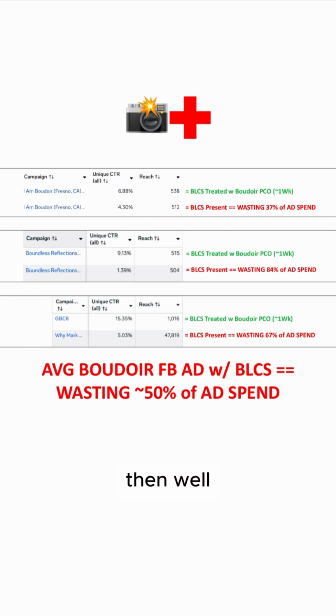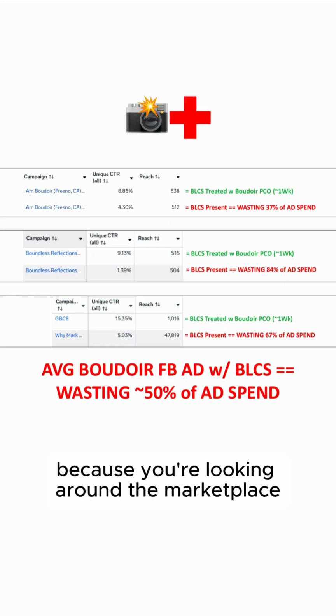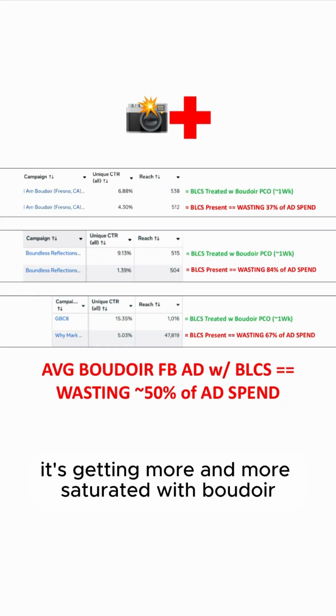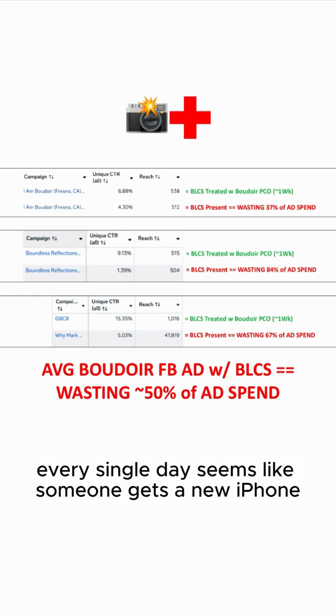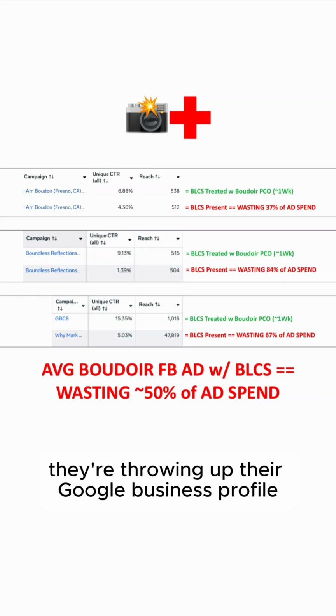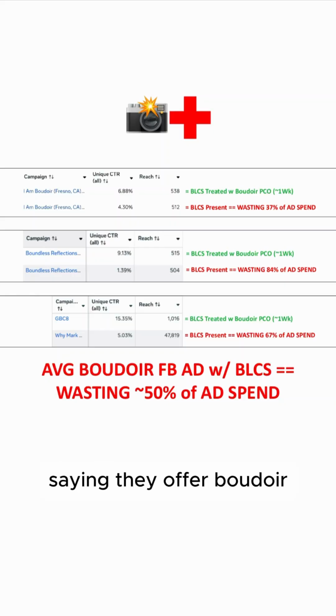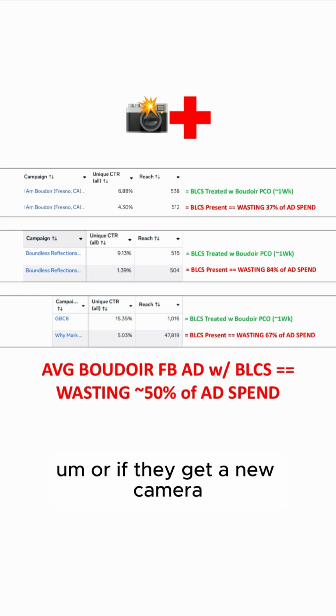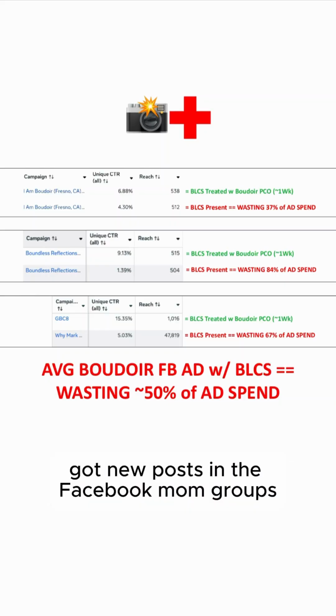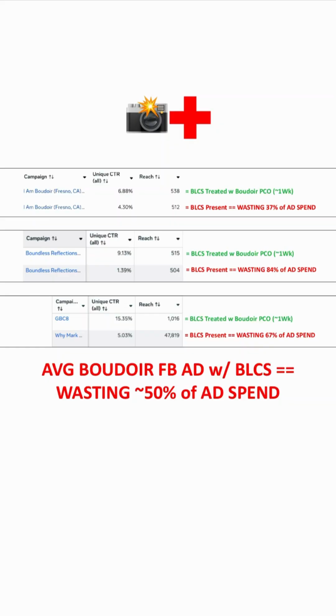Then, well, because you're looking around the marketplace, it's getting more and more saturated with Boudoir photographers every single day. Seems like someone gets a new iPhone, they're throwing up their Google business profile saying they offer Boudoir. Or if they get a new camera, got new posts in the Facebook mom groups saying they offer Boudoir.